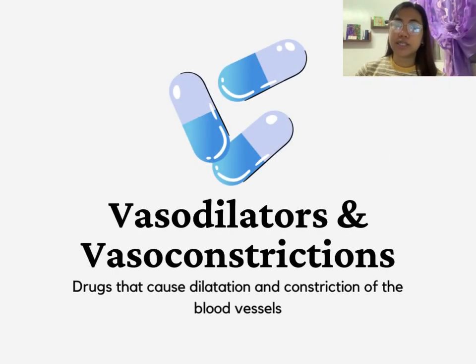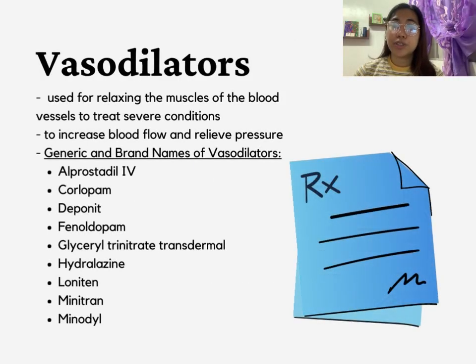Last but not the least, vasodilators and vasoconstrictors. From the name itself, these are drugs that cause dilatation and constriction of the blood vessels. Let's look into vasodilators first. Vasodilators are drugs used for relaxing the muscles of the blood vessels to treat severe conditions.